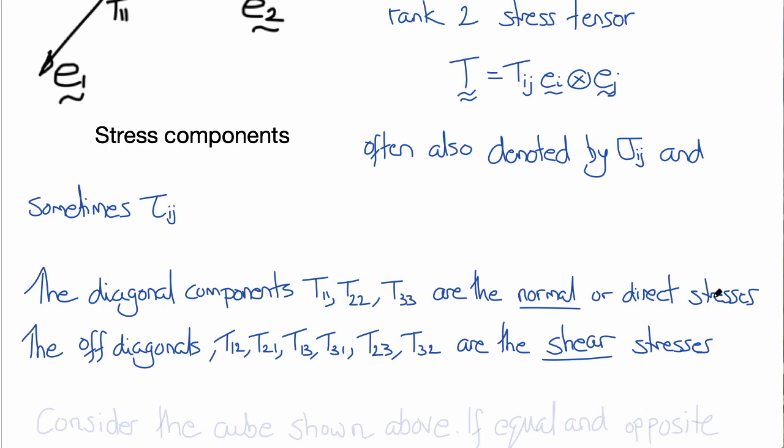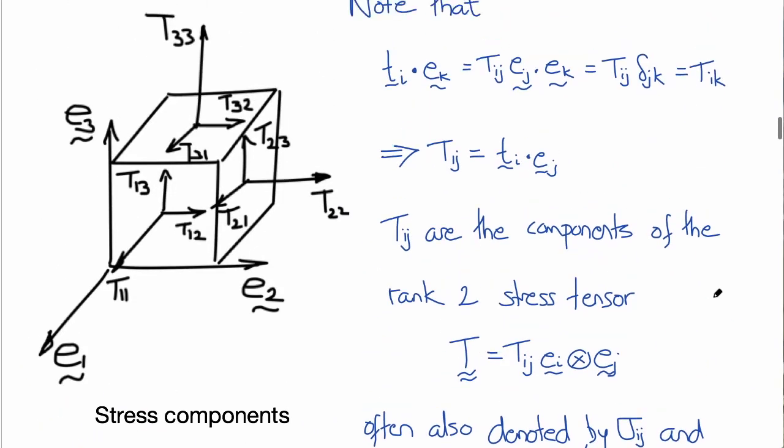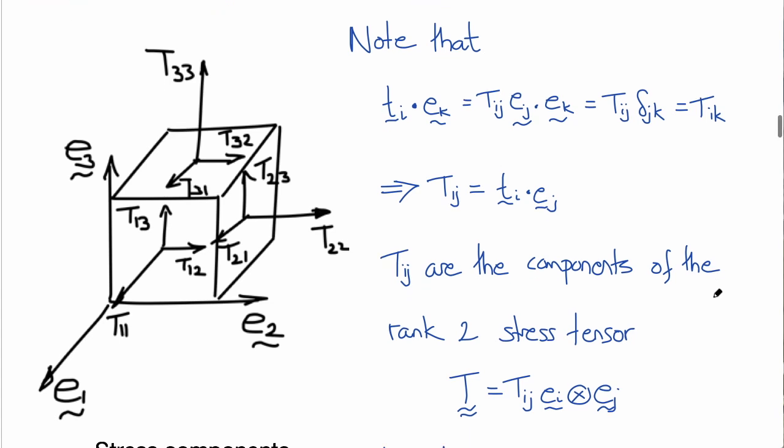Now let's think about our cube again. If there were equal and opposite components of traction applied to the opposite faces of this, then you can see that they would all balance, all the forces and moments would balance, and this cube would be in equilibrium.